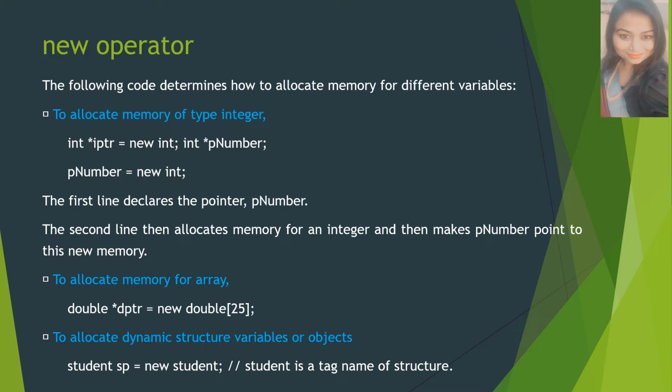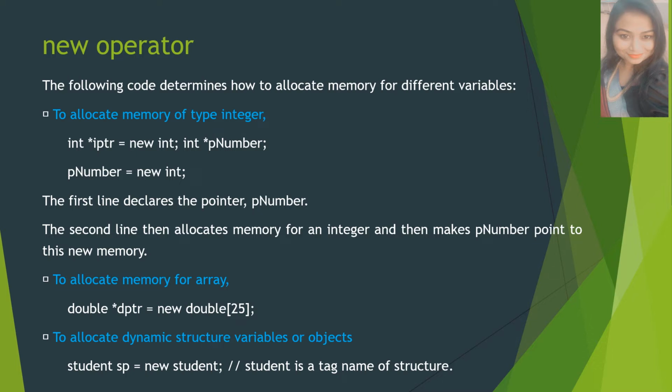Here, in the syntax, int star iptr is a pointer variable, then new is the operator, int. Then one more pointer variable, p number. These two variables are used for allocating the memory spaces. The first line, int star iptr equal to new int, and int star p number, declares the two pointer variables iptr and p number.